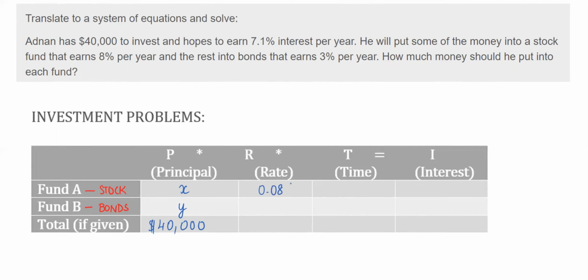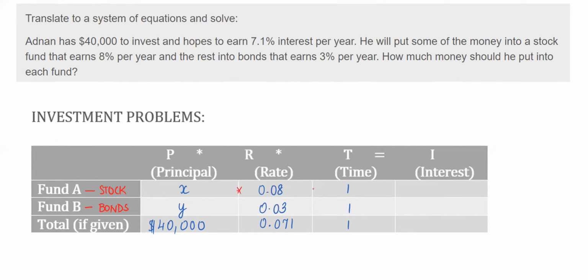And the rest he's investing in the bonds that earns 3% per year. It's right there. That's 0.03. But on a total count, he wants 7.1%, right? So that's 2 decimal places to the left, so 0.071. And all this is a duration of 1 year, so time is 1.